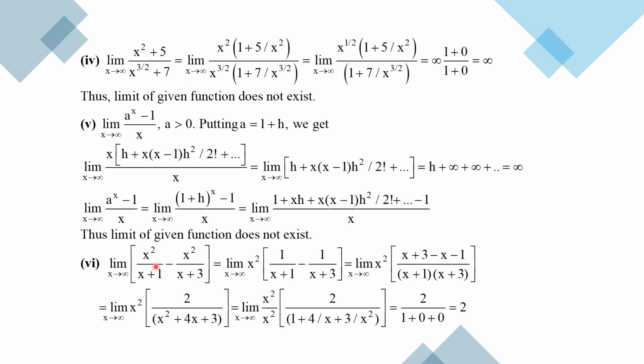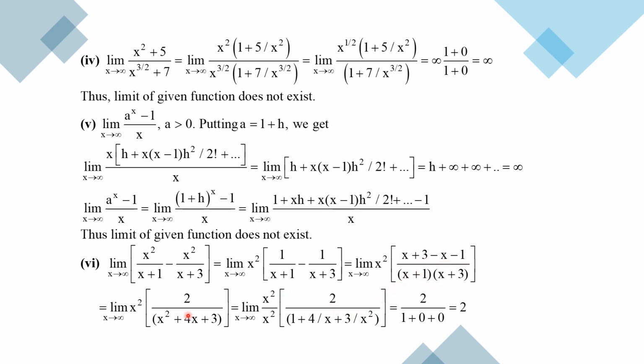Another example, limit x tends to infinity, x square over x plus 1 minus x square over x plus 3. We take x square common, so the rest is 1 over x plus 1 minus 1 over x plus 3. Take the LCM, so we will have x plus 3 minus x minus 1 over (x plus 1)(x plus 3). x cancels with minus x, 3 minus 1 is 2, so we have just 2.